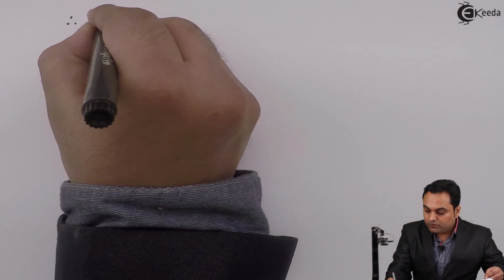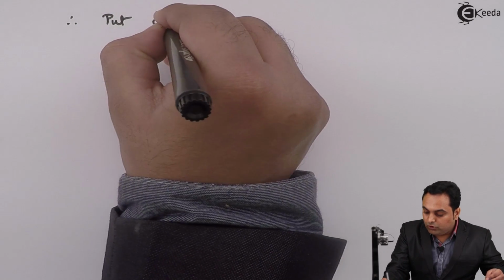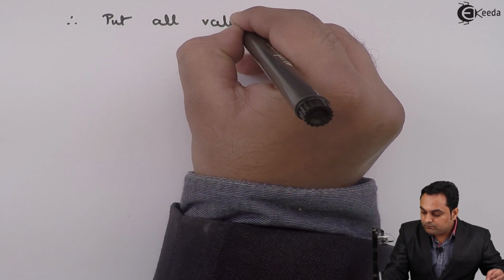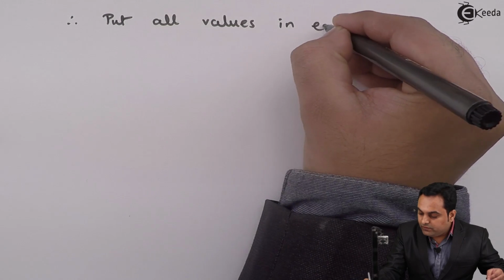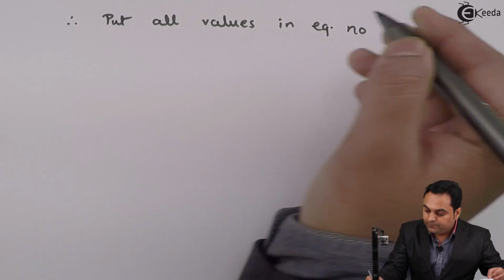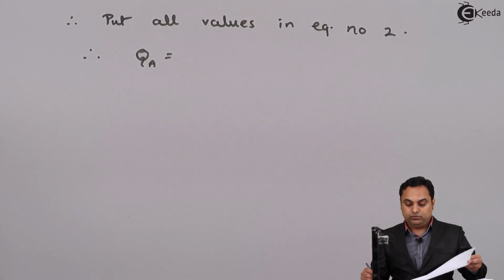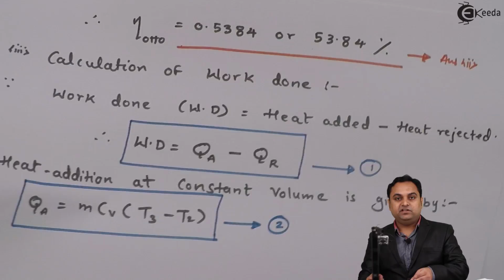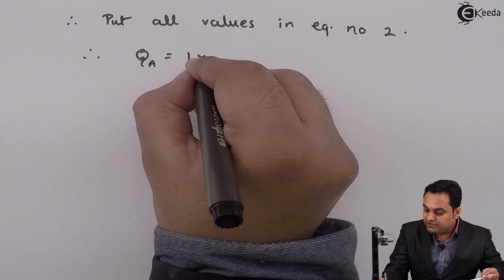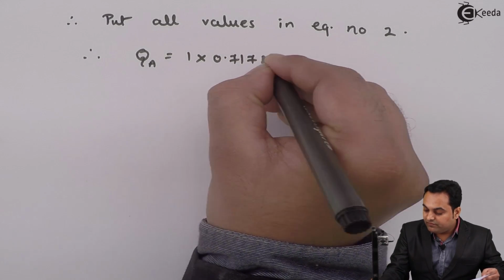Therefore put all values in equation number 2. So we have heat added Q suffix A is equal to M into CV. Mass we have assumed 1 kg, CV as 0.717.